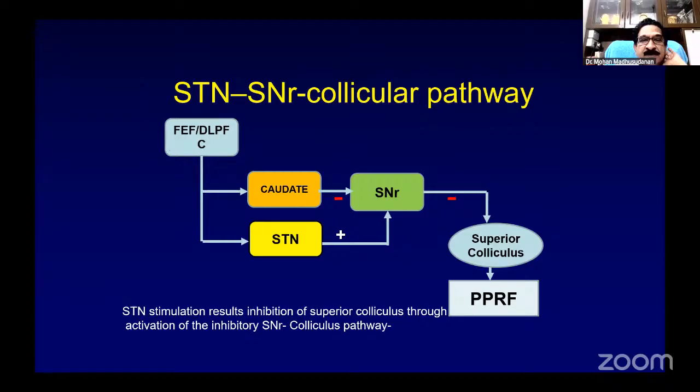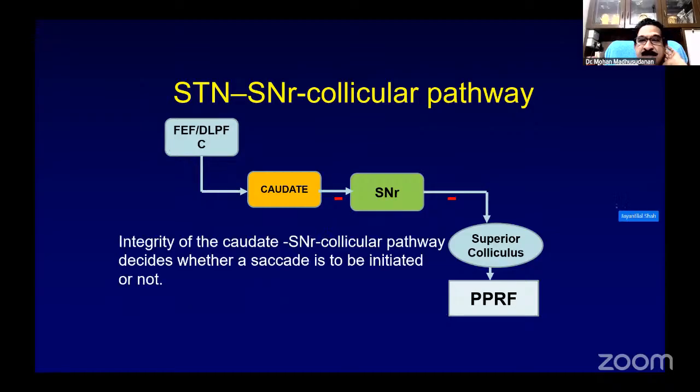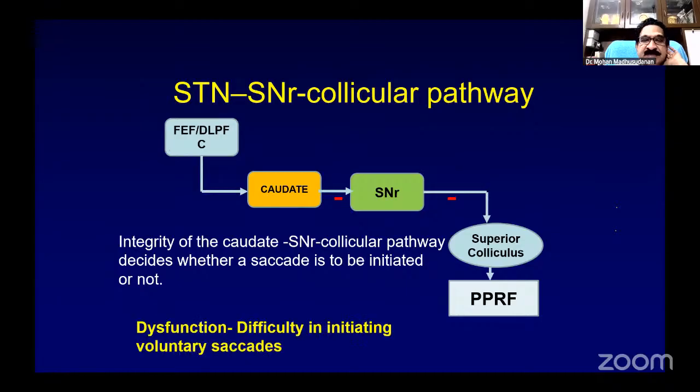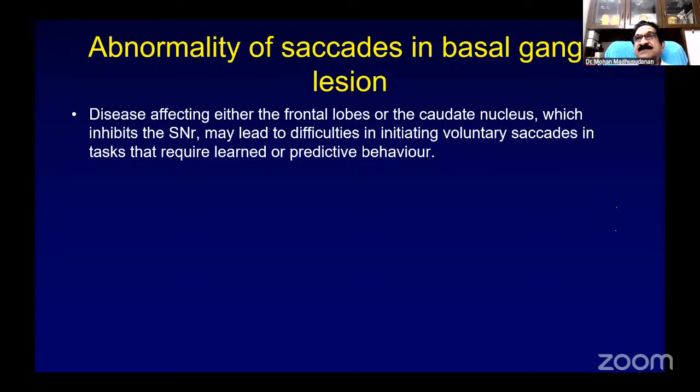So, the integrity of the caudate SNR collicular pathway decides whether a saccade is to be initiated or not. So dysfunction results in difficulty in initiating the voluntary saccades. That is when the basal ganglia, in extrapyramidal disorders like PSP, and PSP has other explanations also, can influence the saccadic movements.